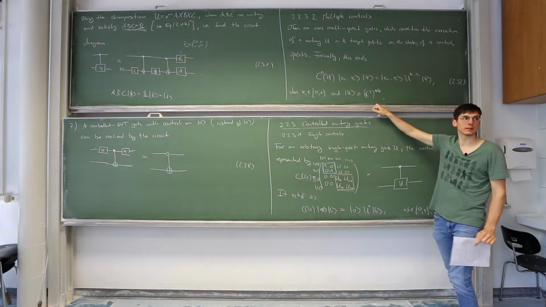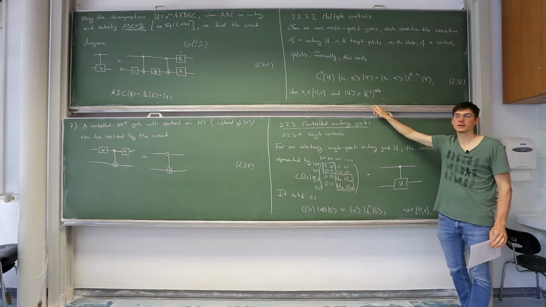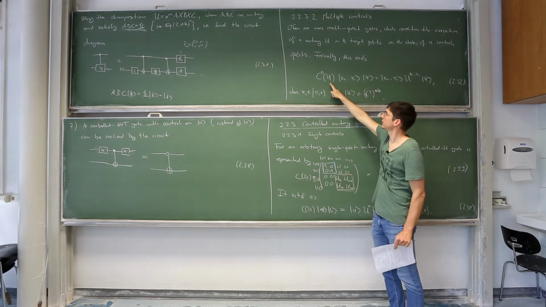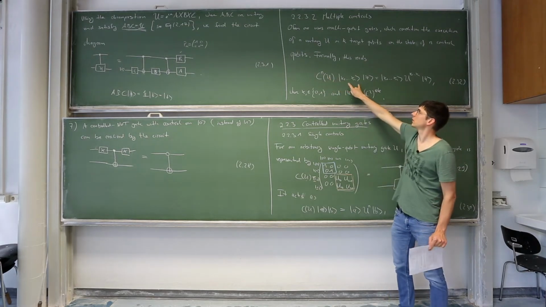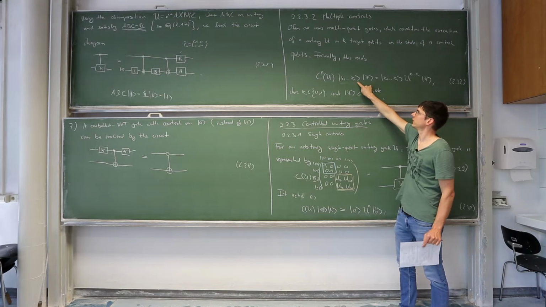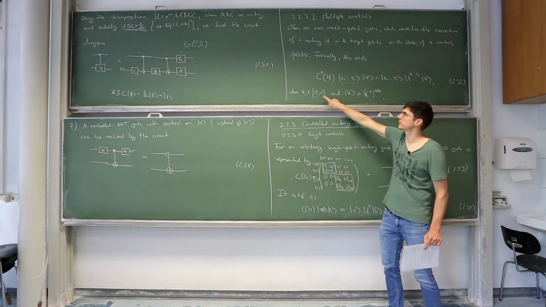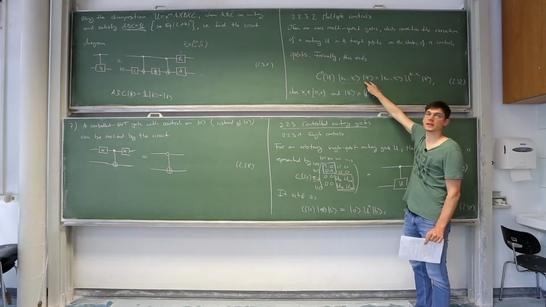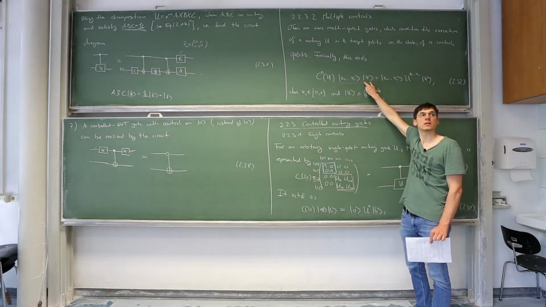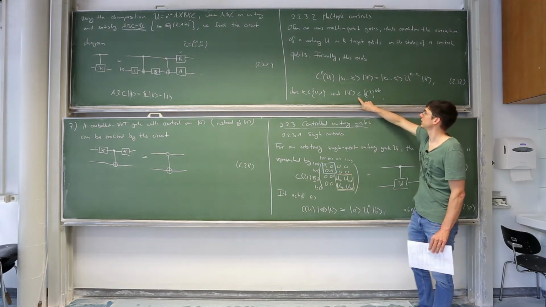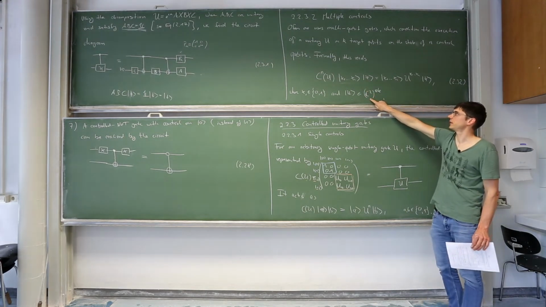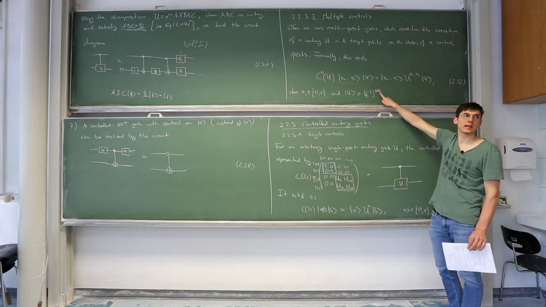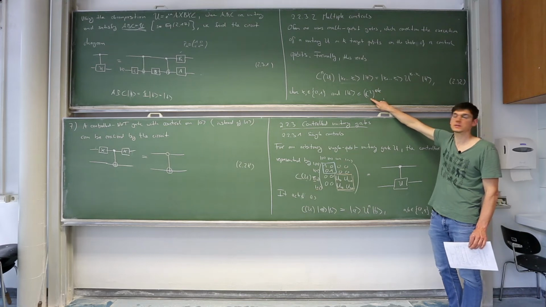So let me repeat this. We are now having a controlled unitary operation. The control is on n control qubits. So these are n control qubits, and the control qubits are either 0 or 1, right? And we have as a target k qubits. So this state psi lives in the Hilbert space where we have a qubit space to the tensor power k, meaning that we have k qubits, right?